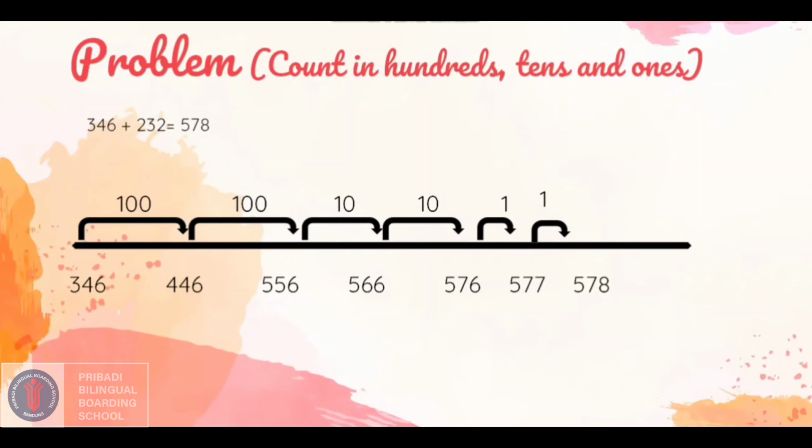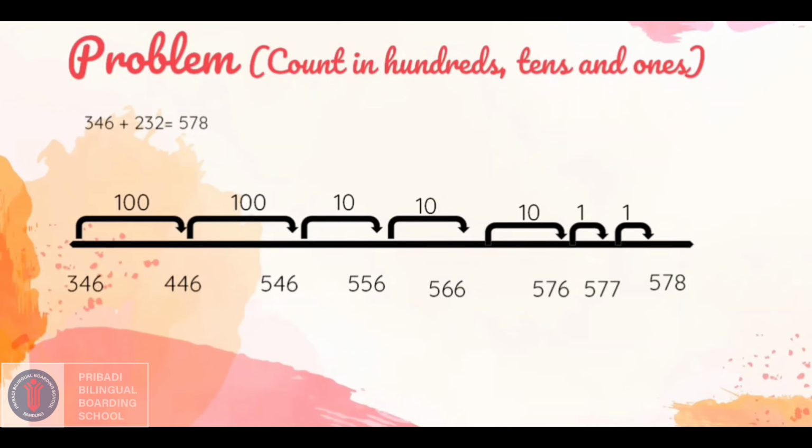I put hundreds first, and then tens, and then ones. I need to calculate 346 plus 232, without using a calculator. So I just count in hundreds, and then after that in tens and ones in order.